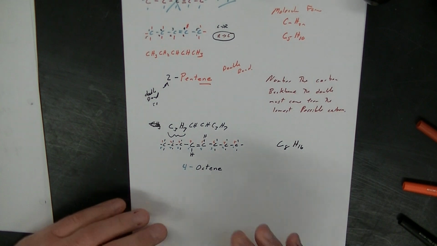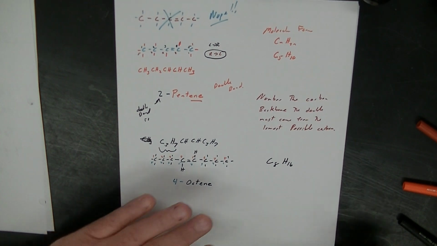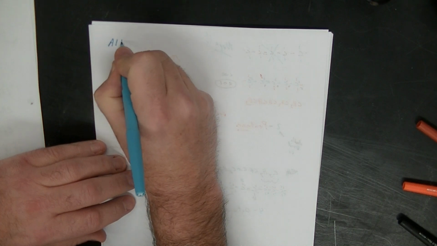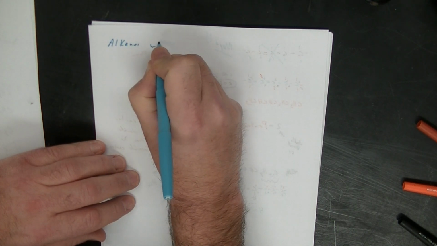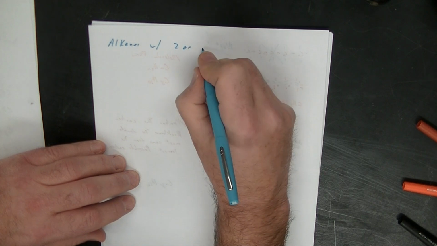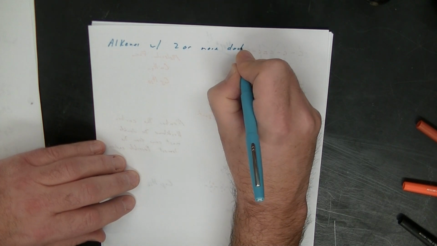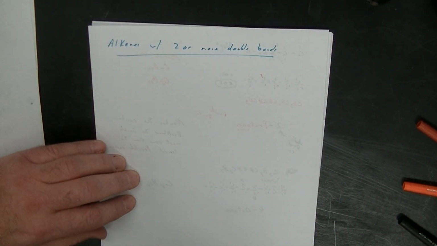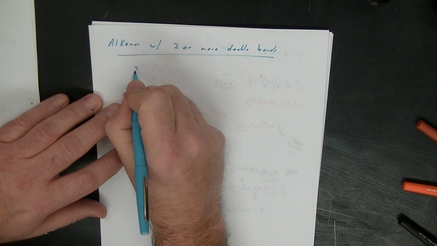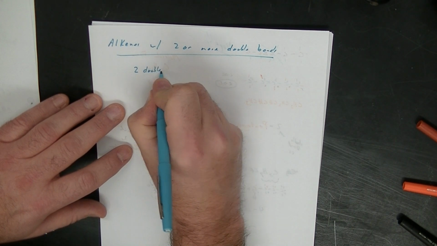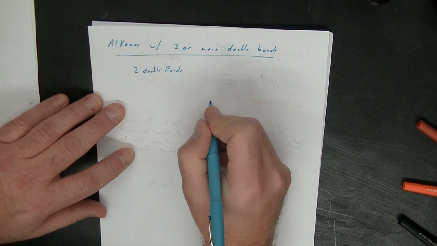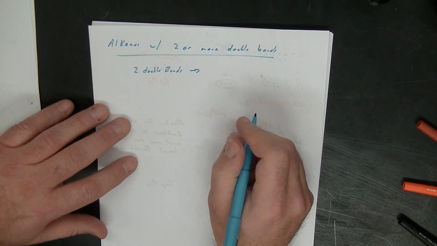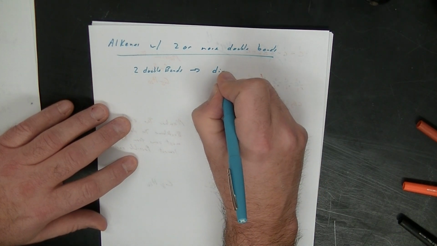All right, well, what if we have more than one double bond? So these are alkenes with 2 or more double bonds. Well, if we have 2 double bonds, instead of just ene, we're going to use diene.